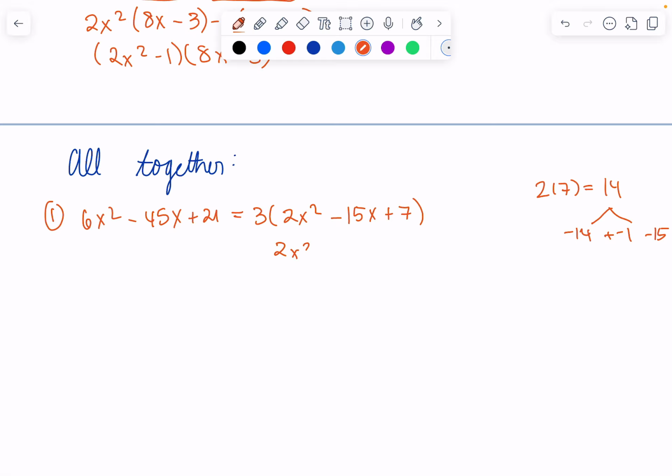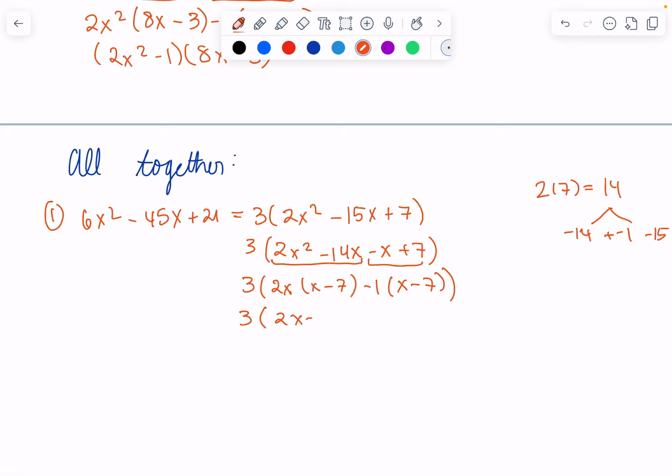So that's 2x squared minus 14x minus x plus 7. I'm going to do my factor by grouping. I'm going to take out a 2x. I'm going to take out a negative 1. And then create a factor with what they have in common, and another with what's in the parentheses.